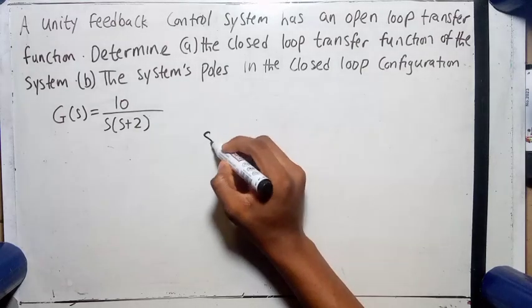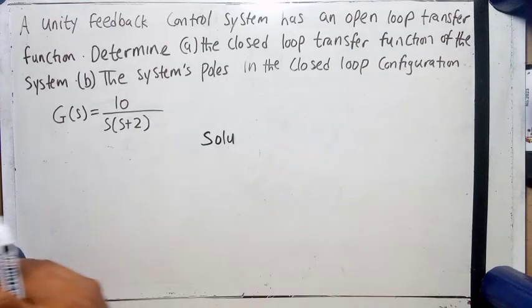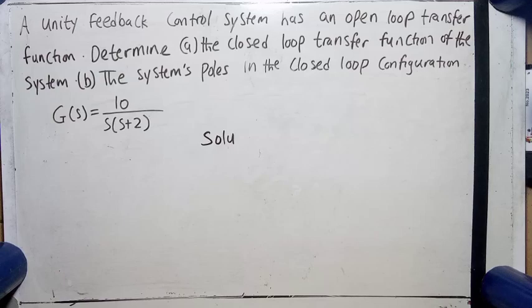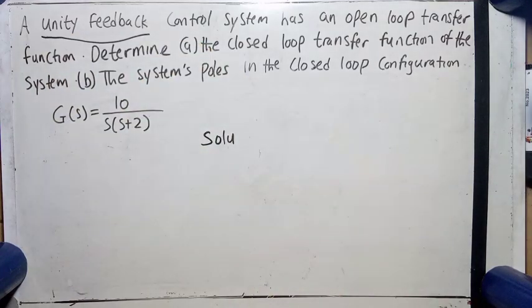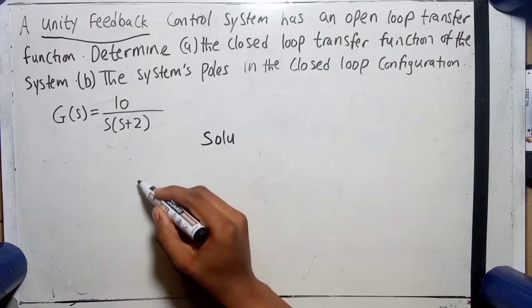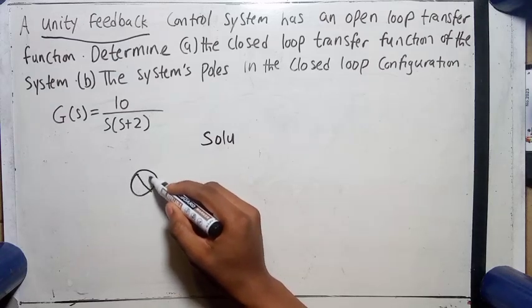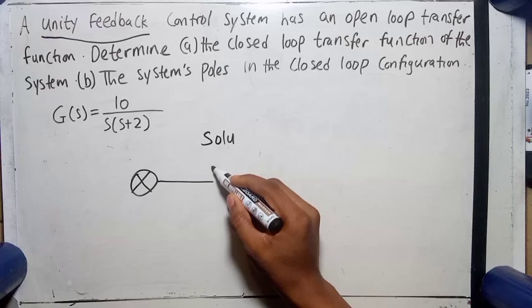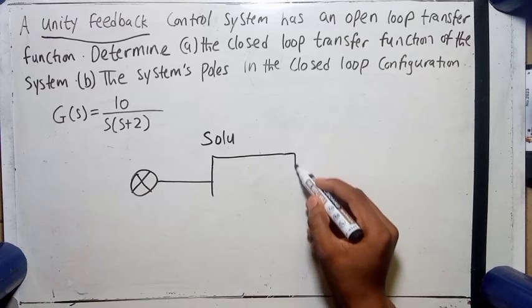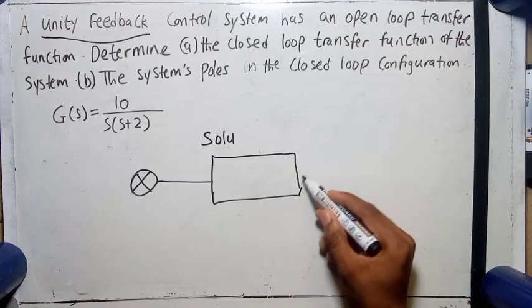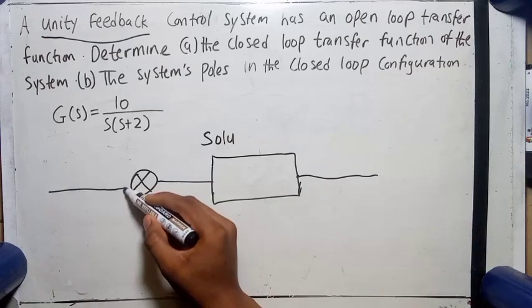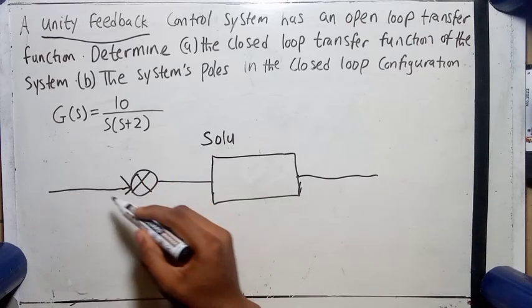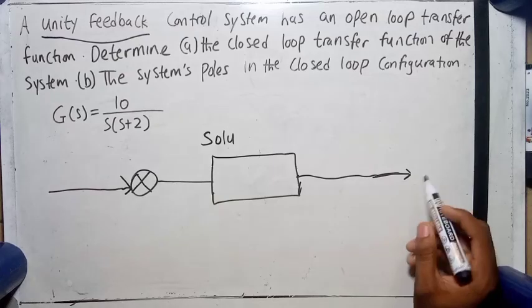Okay, so from what our question is saying here, this first phrase here, unity feedback. What this means is that we are having a control system.